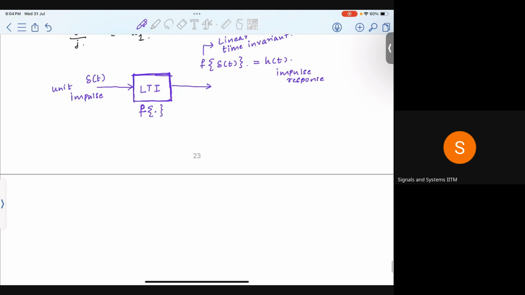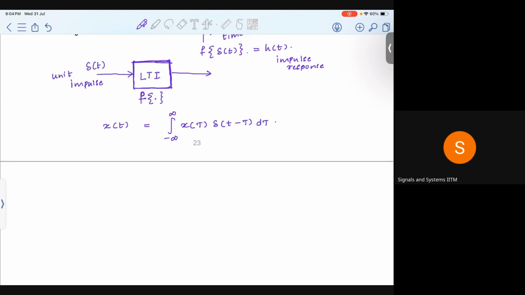Now, you take any signal x of t. x of t can be represented as the integral of x of tau del of t minus tau d tau.